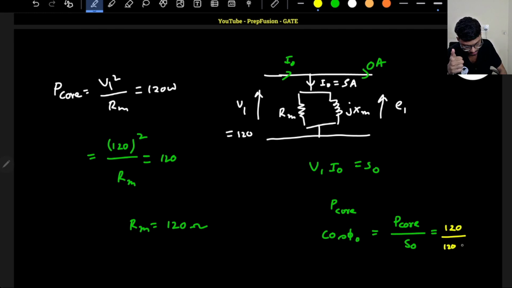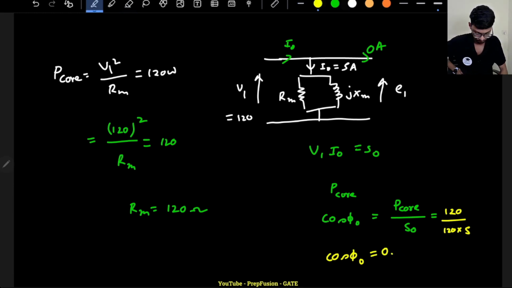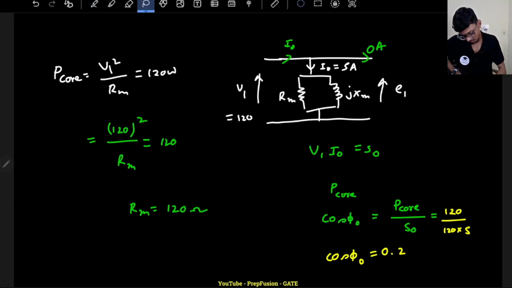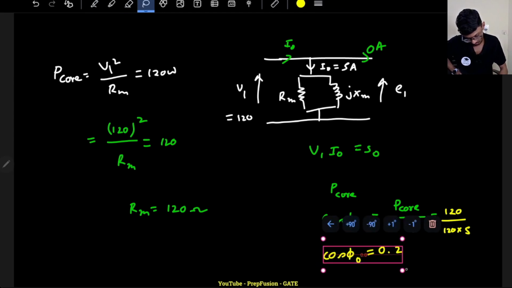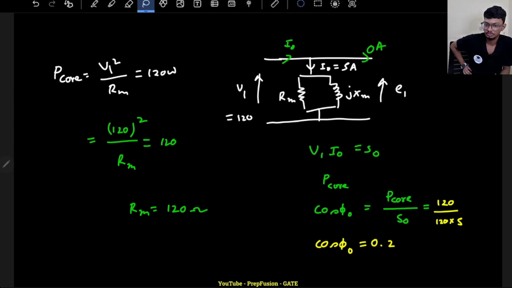V1 is 120, IO is 5. So my cos phi O is equal to 0.2.